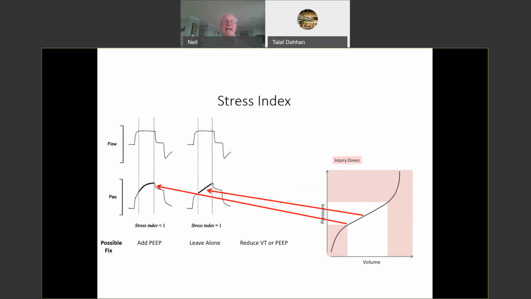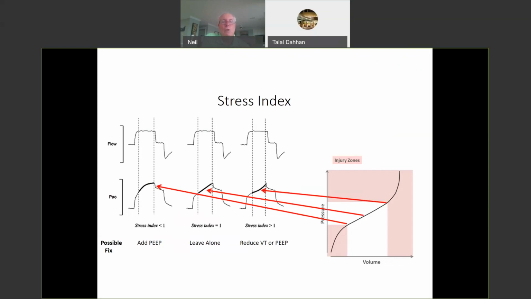If it's a straight diagonal, that's the sweet spot. That's where you want the patient to be. And if it bends upward, this suggests you either need to reduce the tidal volume or reduce the PEEP. You are over-distending the lung. These stress index numbers are the exponent in the equation that describes this pressure profile.